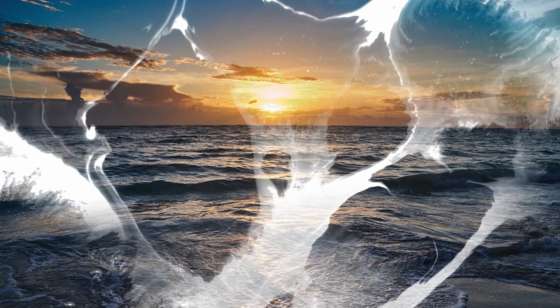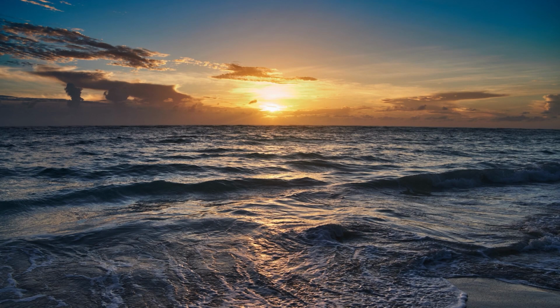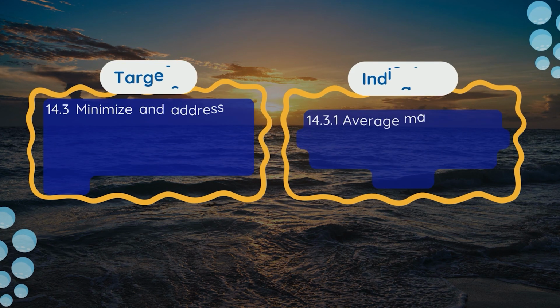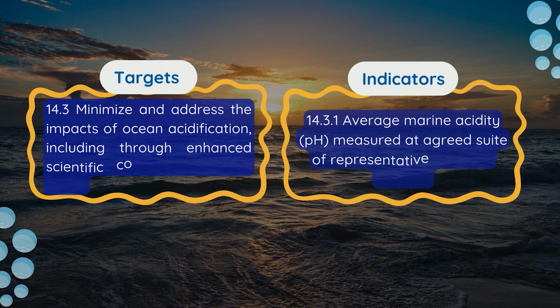The third target related to this Goal 14 is minimizing the impact of ocean acidification and also addressing those impacts. That can be possible when we enhance scientific cooperation at all levels. To look into this, the indicator is average marine acidity.